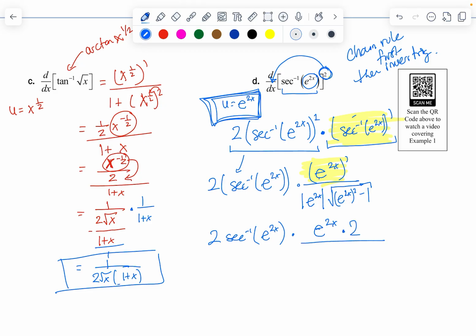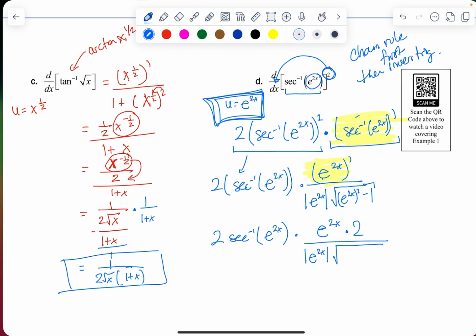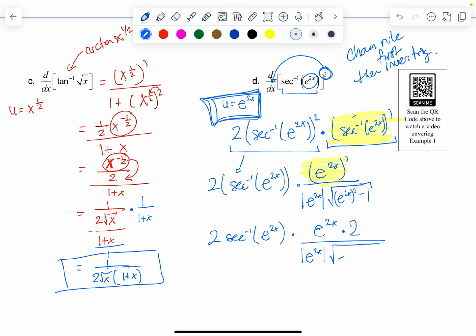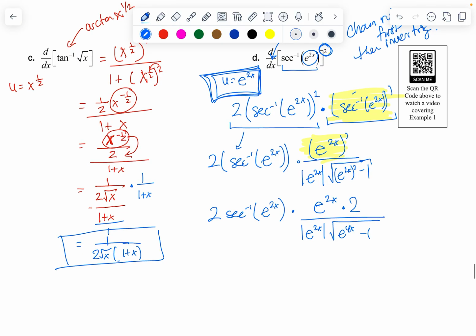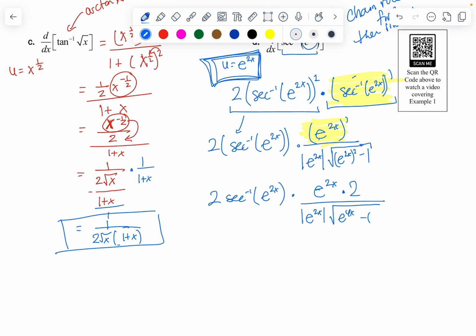And all of that is going to be over e to the 2x times the square root of e to the 4x minus 1. So if this was a short answer or FRQ, you would leave it just like this, okay?